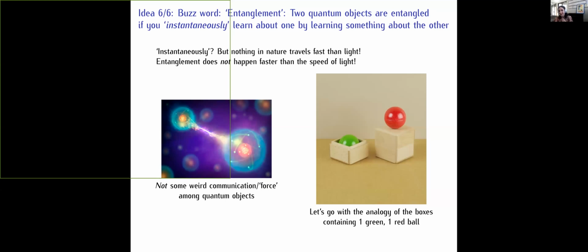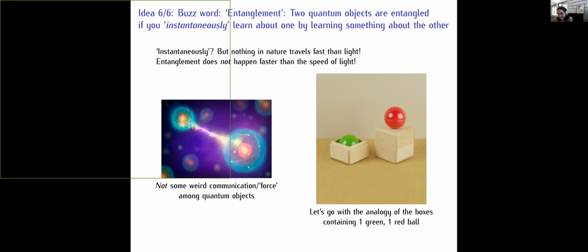In order to explain entanglement with a quick video, I need to make a small analogy that's also going to be explored in the video. Imagine that you're given two closed wooden boxes, and you're told that there are two balls in these closed boxes. One is red and the other one is green. Imagine that you open one of the boxes and you find that you have a red ball.